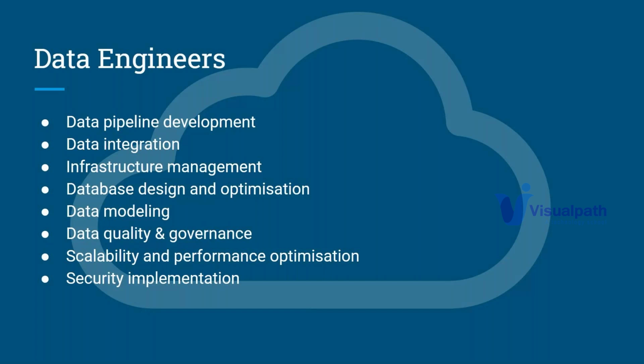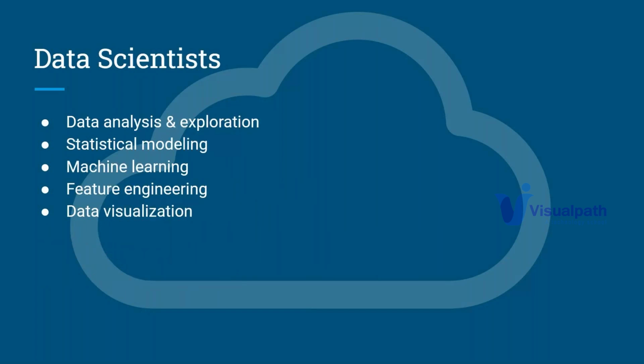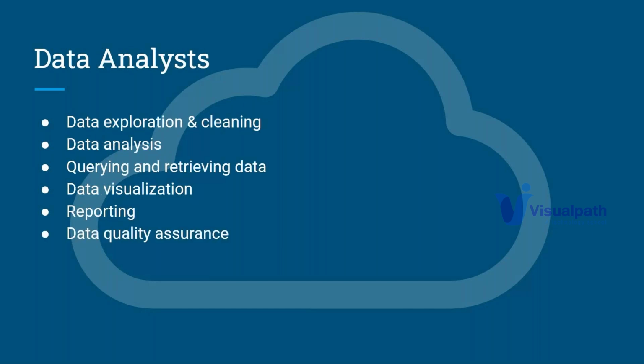We have other roles like data scientist and data analyst. As we all know, data scientists mostly deal with machine learning, data analysis, modeling, and visualization. Data analysts do similar things to a data engineer, and whatever a data analyst does, a data engineer can also do.